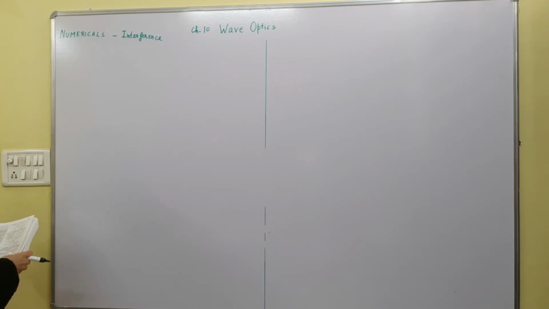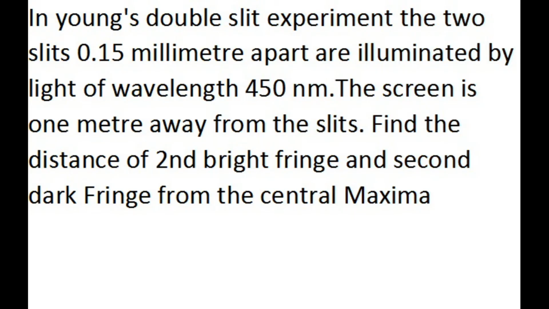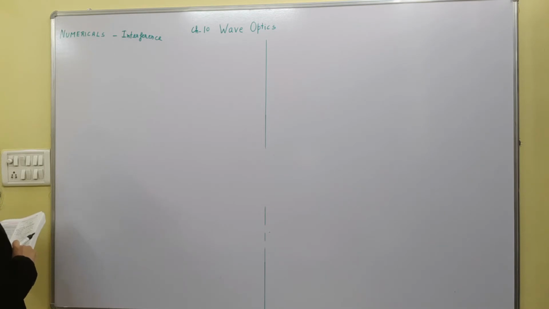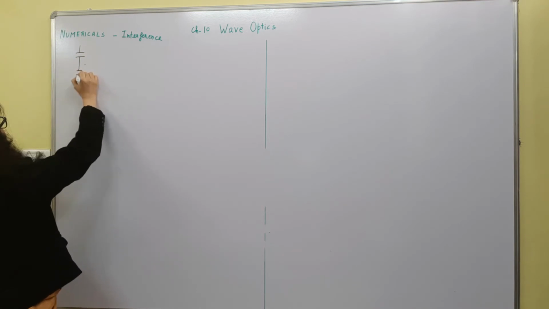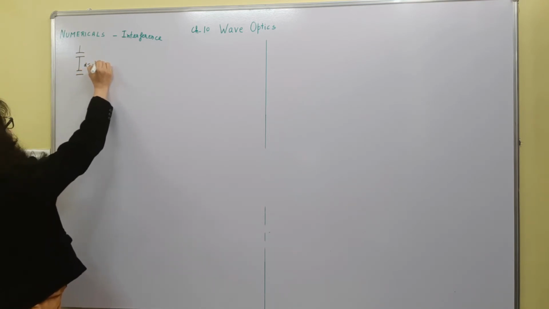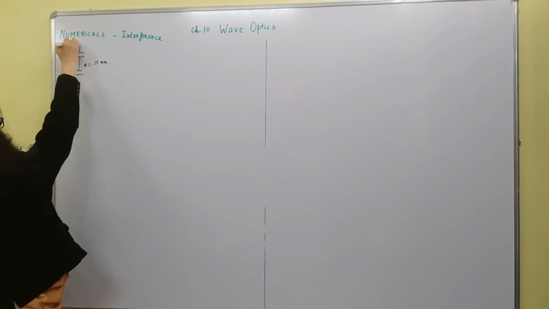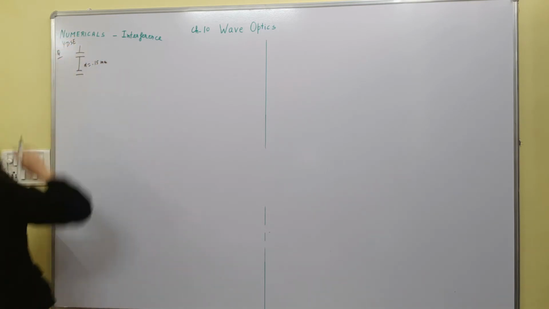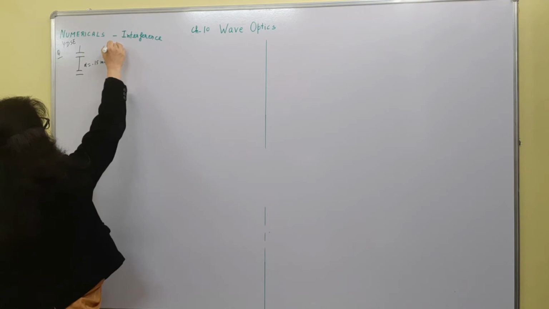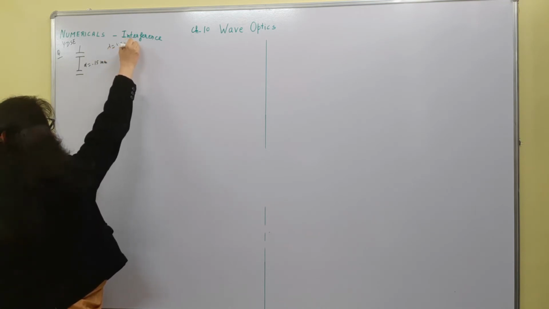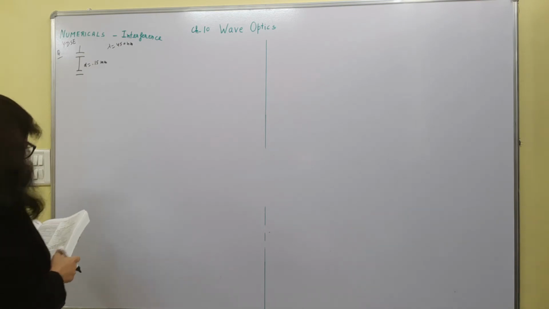In Young's double slit experiment, the two slits .15 mm apart are illuminated by light of wavelength 450 nanometer. The screen is 1 meter away from the slits.